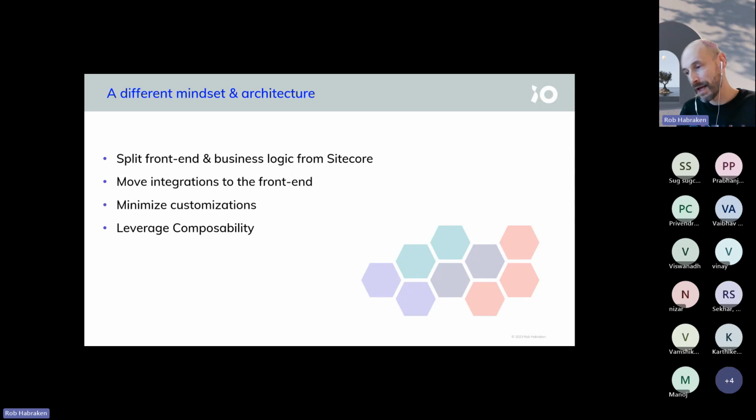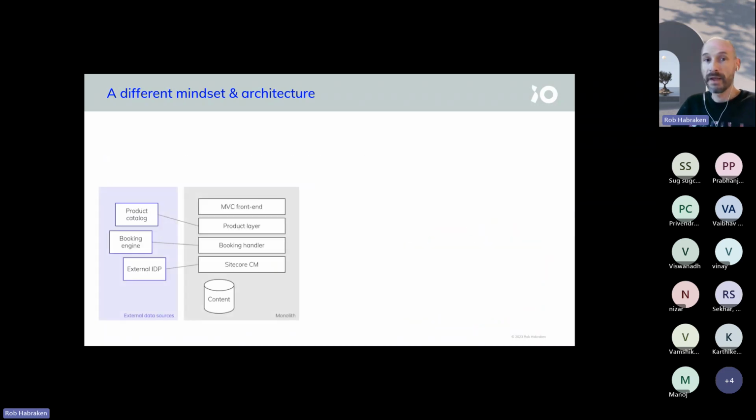And the last thing that should change in your mindset is that you should try to leverage composability as much as possible. So think in the same way of setting up elements that have their own concern, their own task in the whole landscape. And I have an example for that.